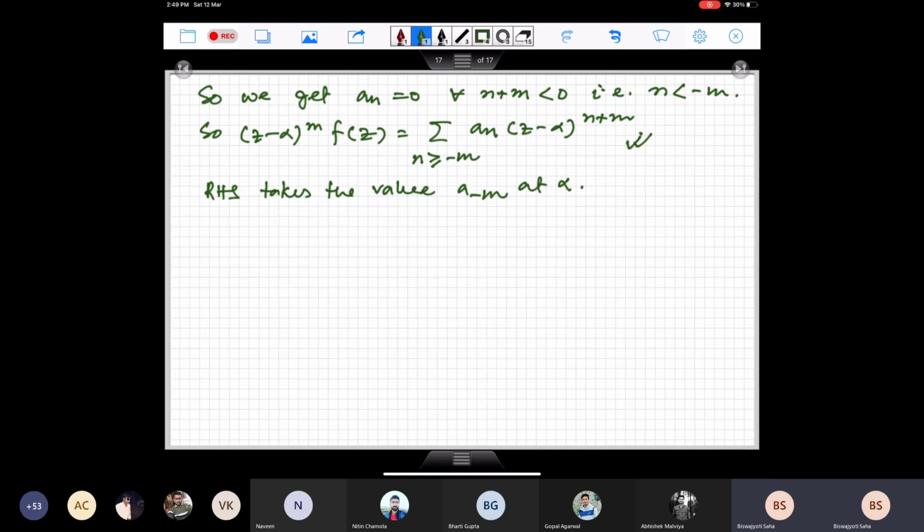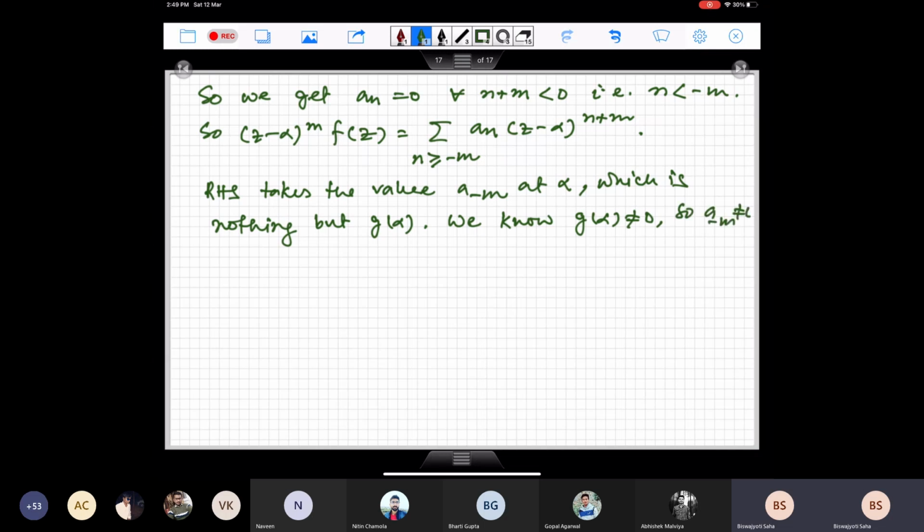So by the identity theorem, this power series and g are the same function, which at alpha is nothing but g of alpha. We know g of alpha is not equal to 0, so a_(minus m) is not equal to 0. So that's it. That's the statement which we have mentioned.